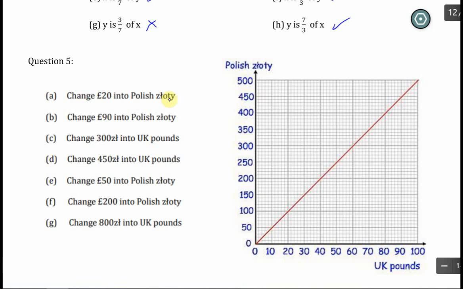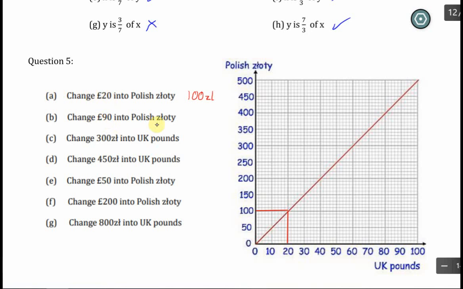Change £20 into Polish zlotys. That's nice and easy because £20 is on our graph, and you can see so is its corresponding amount. So that looks to be about 100. Which I think from previous page, ZL was the abbreviation. Change £90.